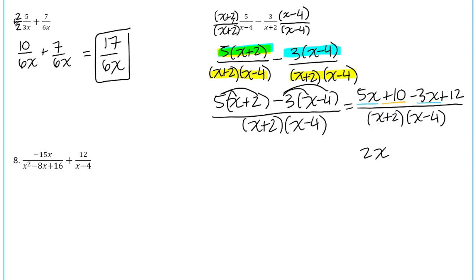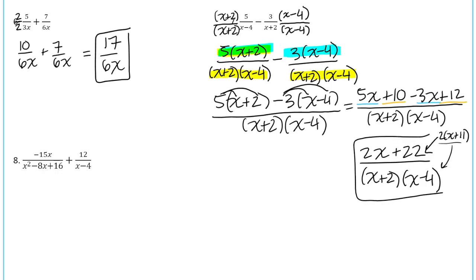And then I also have 10 plus 12, so that would be plus 22, all over x plus 2 times x minus 4. I can factor 2x plus 22 into 2 times x plus 11, but that's not going to cancel out with anything in the bottom. So it is okay to leave your answer like this if that is the case.